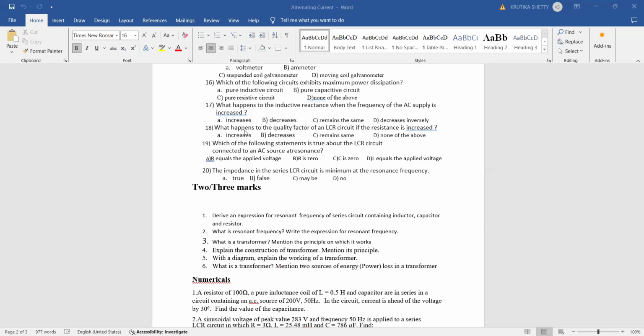18th question, students. What happens to the quality factor of the LCR circuit if the resistance is increased? Quality factor Q is equal to, if you see the formula, you will understand. If you are increasing the resistance, what happens to the quality factor? Decreases, or increases?